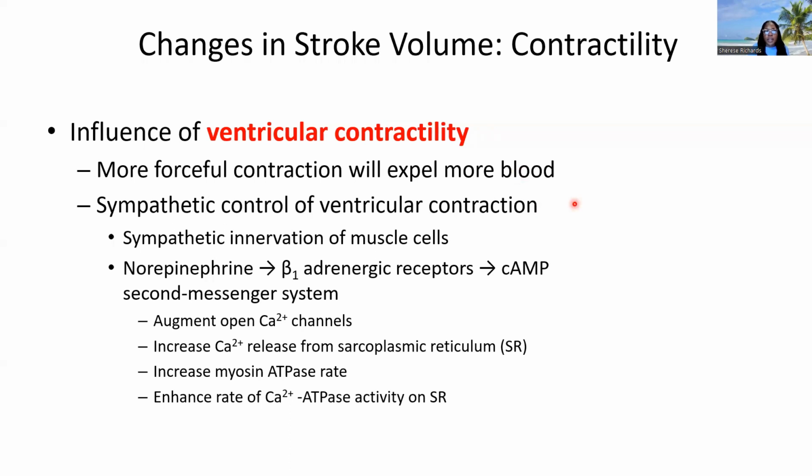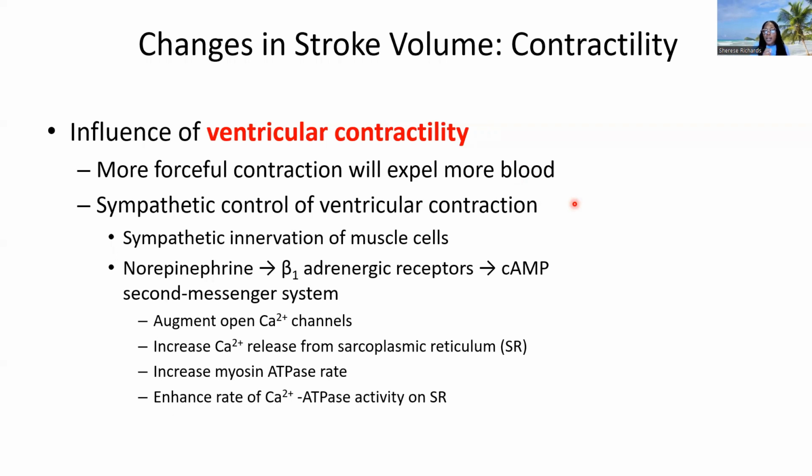So first one, the ventricular contractility. The more forceful the contractions, which are brought about by the contractile cells, so we're looking at an entirely different group of cells here, the more blood that will be expelled from the ventricle. Here we want to think about the sympathetic control only.